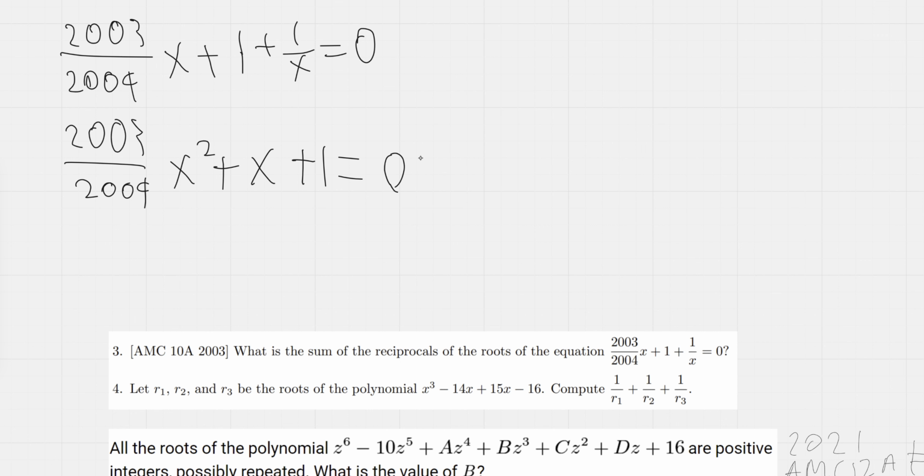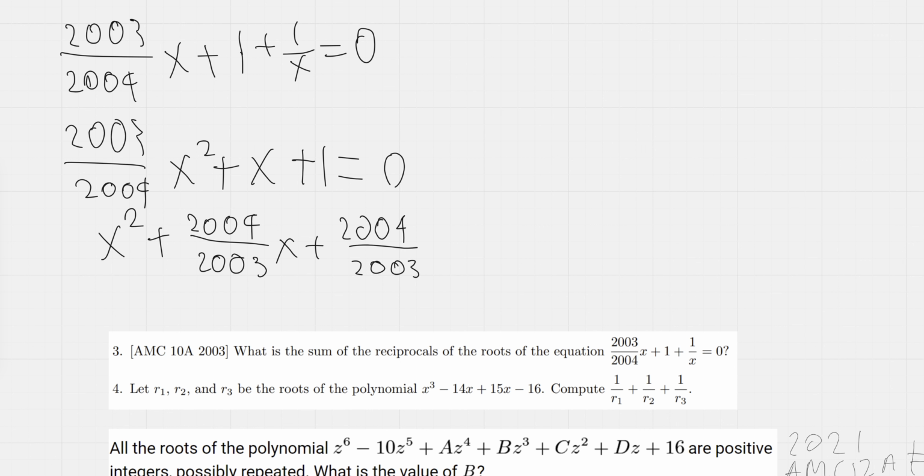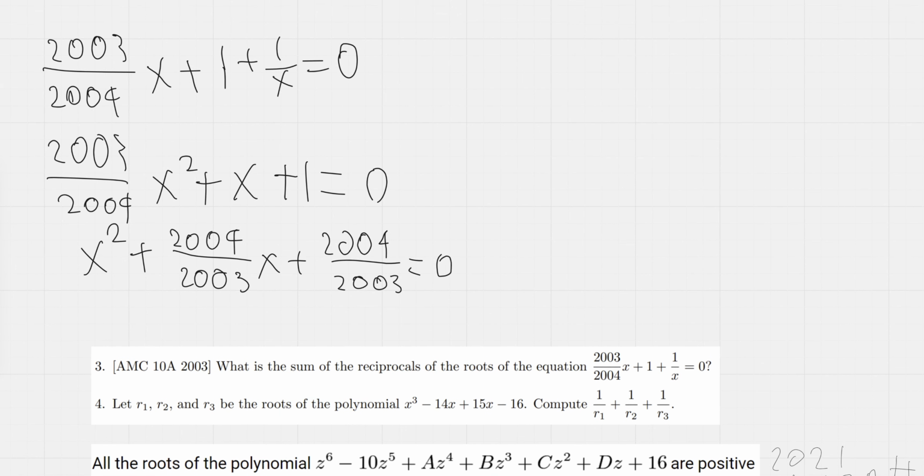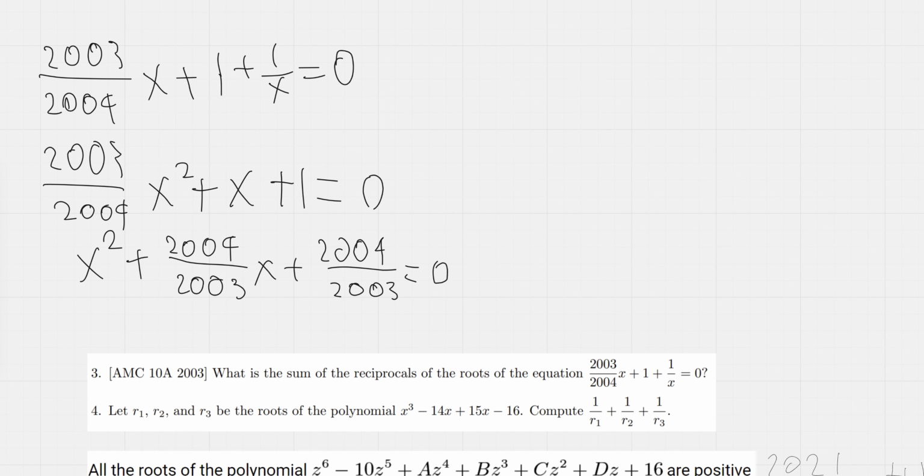And because we're multiplying x by 0, nothing's going to happen to this side. And again, we'll multiply both sides by 2004 divided by 2003 to simplify things further, which equals 0. Okay. But now that we have this quadratic, what are we actually going to do with it?